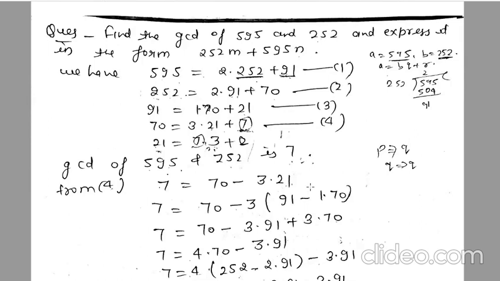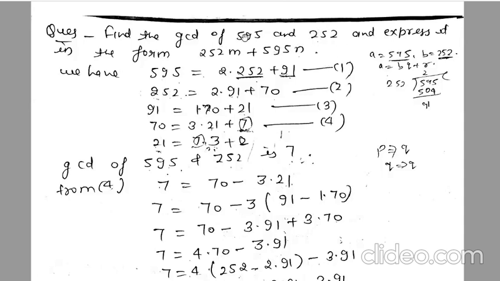Find the GCD of 595 and 252 and express it in the form of 252m plus 595n, right? So first we need to calculate the GCD of these two numbers, 595 and 252. Which one is the smaller one? 252 is the smaller one.